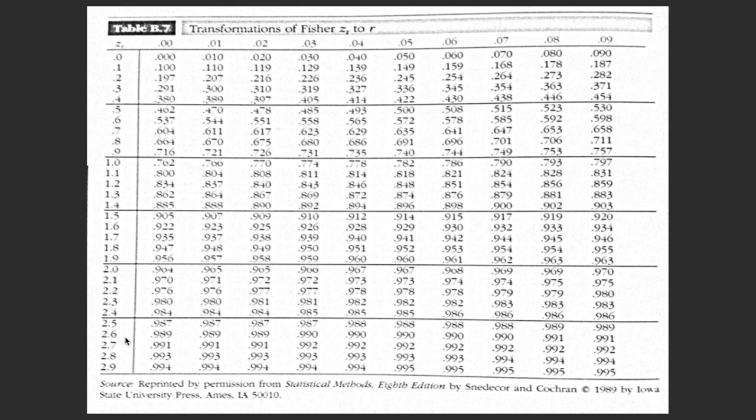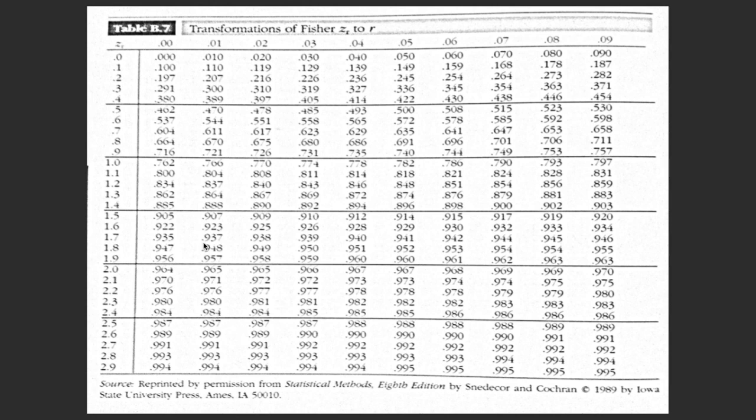Okay, so 2.6, and the second digit, if we round, is going to be, so we'll say 2.62. So 2.6, and then the second digit is 0.2. So we'll just call it 0.99.